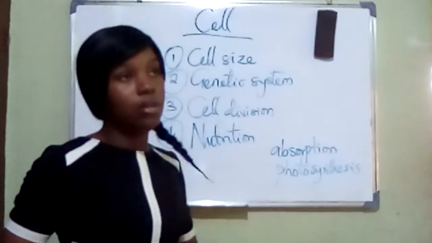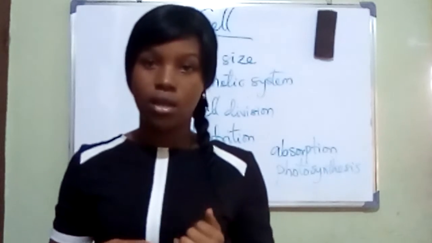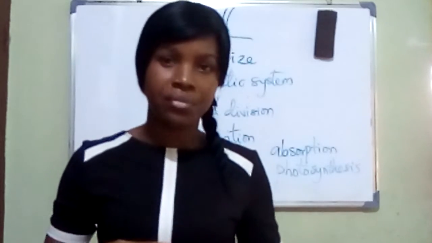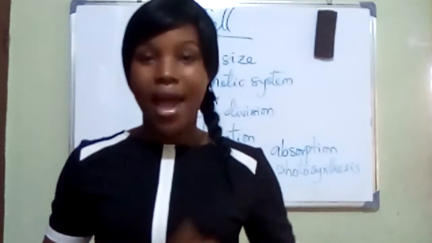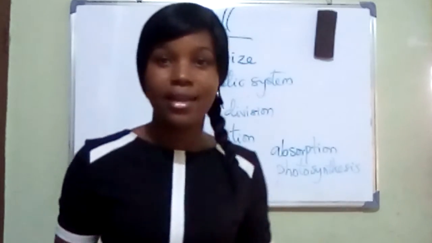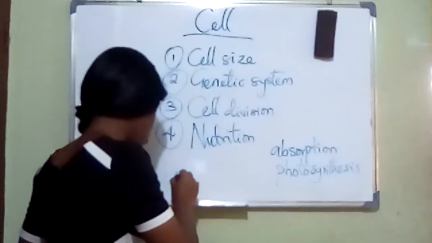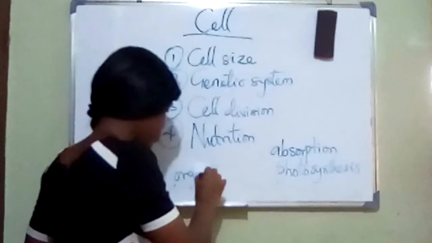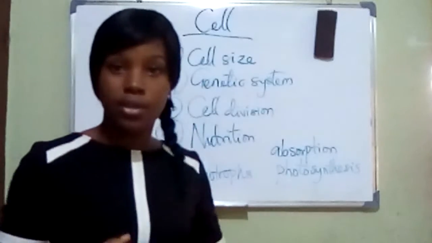By absorption, most prokaryotes feed on organic molecules like sugars, amino acids, hydrocarbons, methane gas, and so on. Such organisms are called organotrophs. They absorb them into the cell.